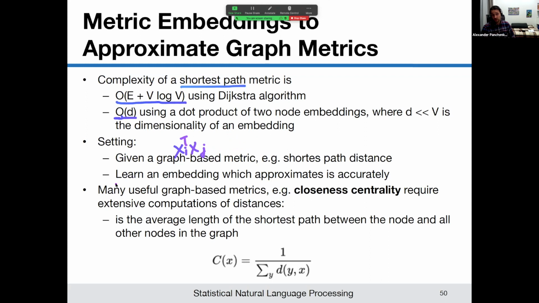So it might be possible to then learn such kind of graph embedding, node embedding metric, which is going to approximate different metrics such as shortest path. So basically trying to embed these distances into some kind of small dimensional space, low dimensional space.